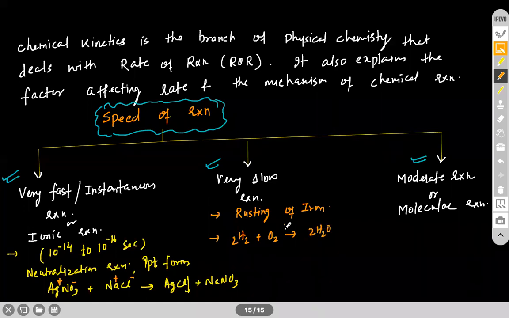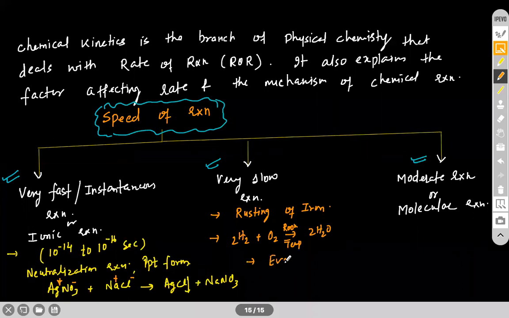This reaction at room temperature is also very slow. Even the reaction of carbon plus O2 at room temperature giving CO2 is also very slow.